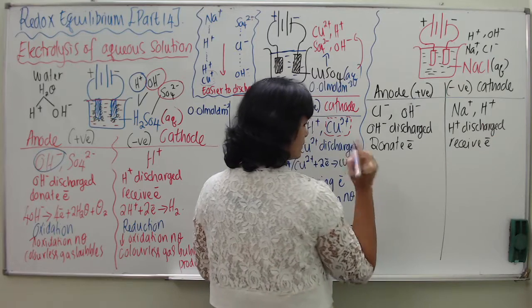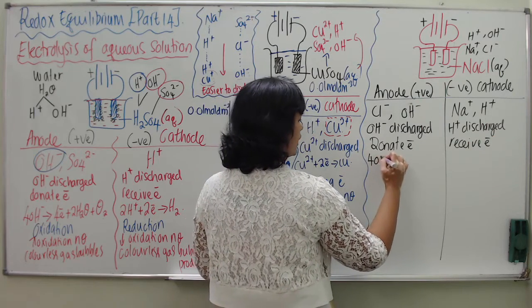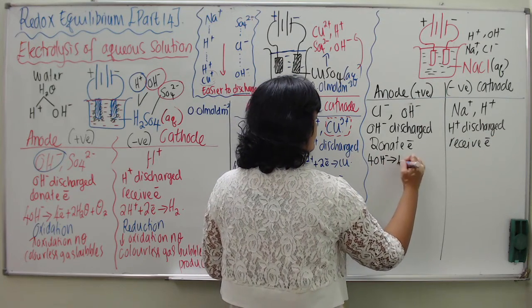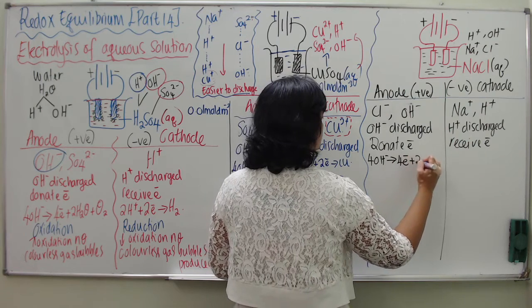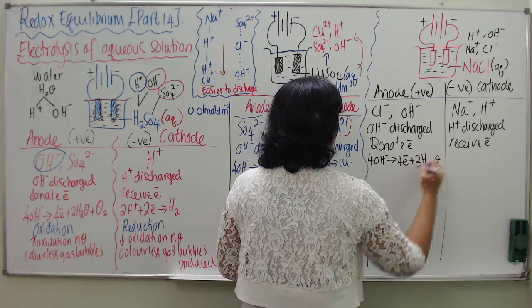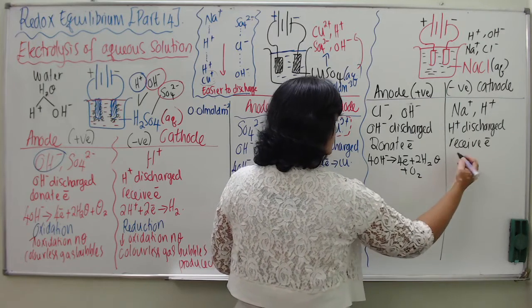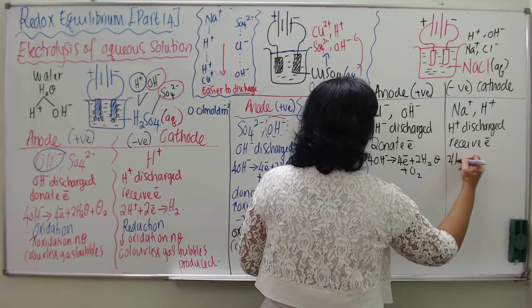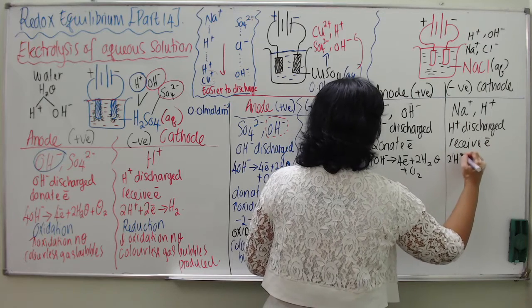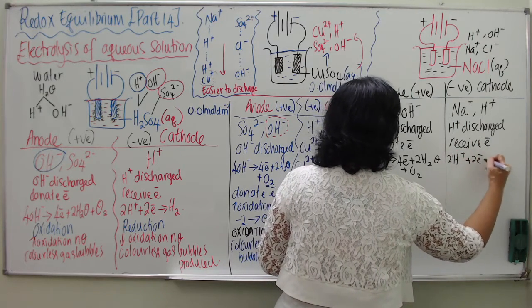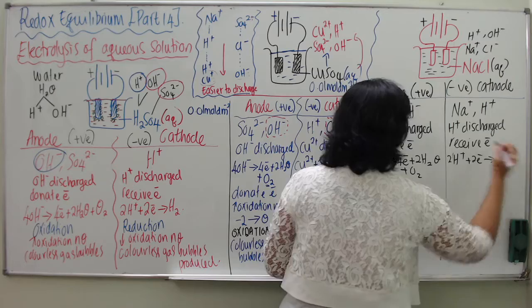So again, remember, for hydroxide ions, they donate 4 electrons to become water and oxygen gas. And 2 hydrogen ions receive 2 electrons to become hydrogen gas.